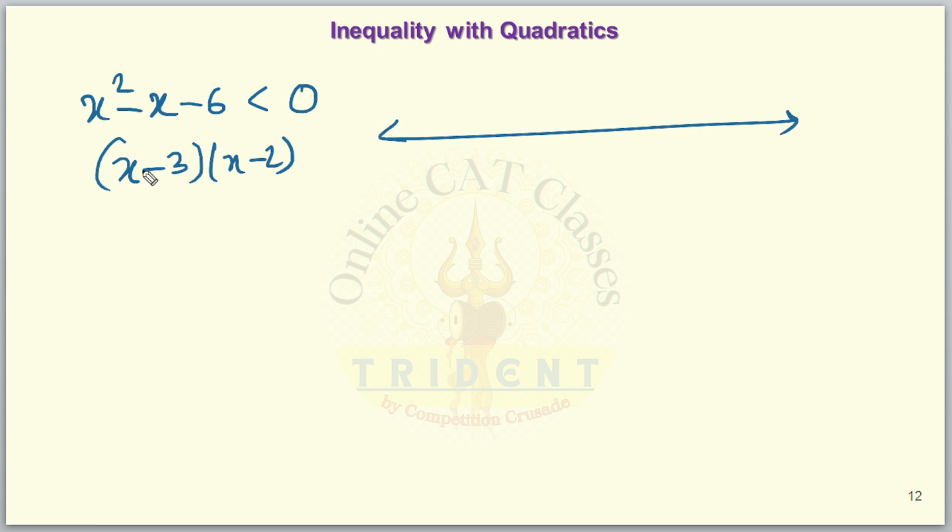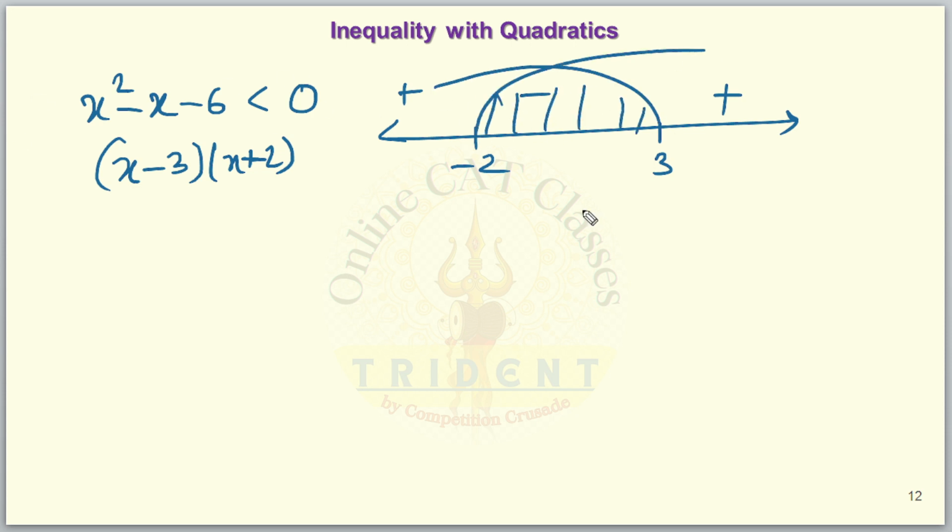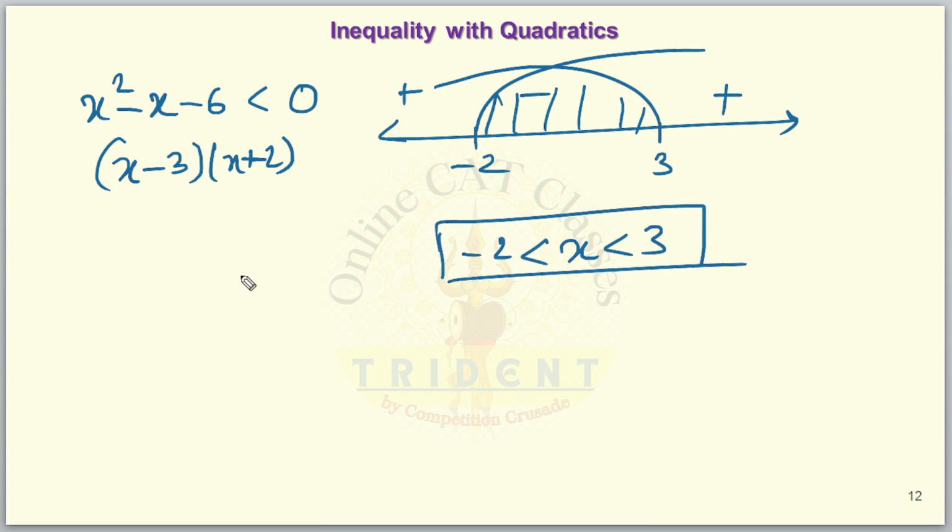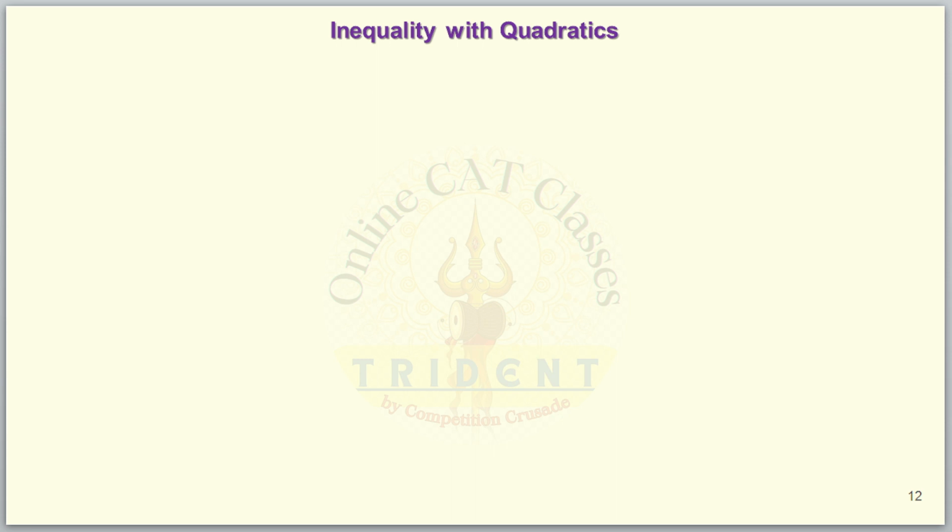So I will get -2 and +3 as the critical points. Plus minus plus. We are supposed to find the range in which this expression is less than 0. This is that range. So between -2 and 3, x will lie. This method, if you must, is called the wavy curve method. You don't really need to know everything, but that is what it is.